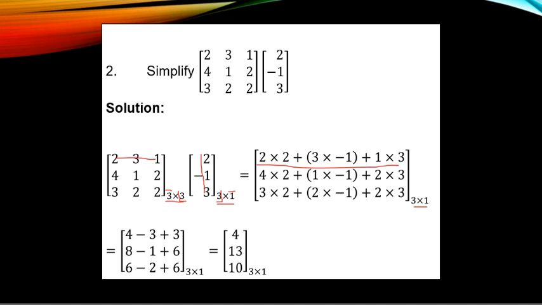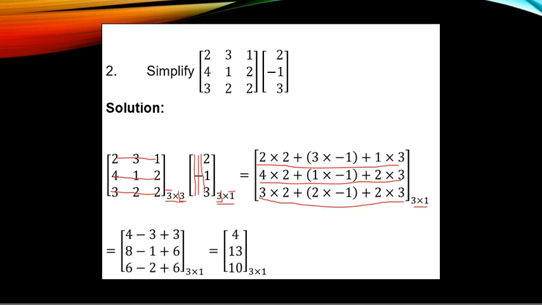Then the second row of the first matrix multiplies the only column of the second matrix, that gives the second entry in the solution. Then the third row multiplies the only column you have, that is the third entry. You see that? Element by element.